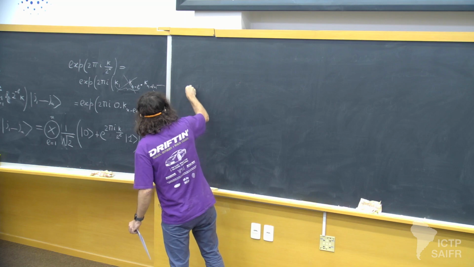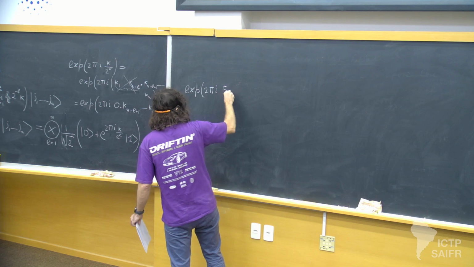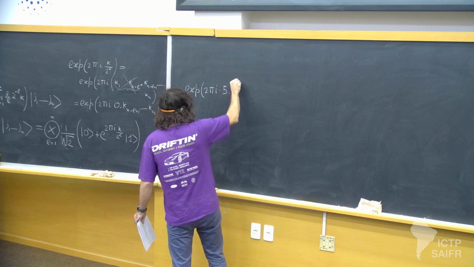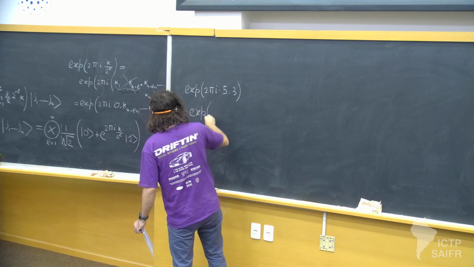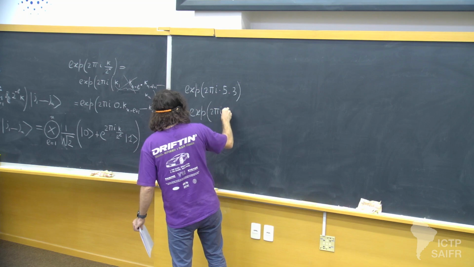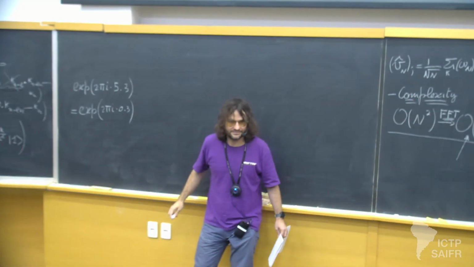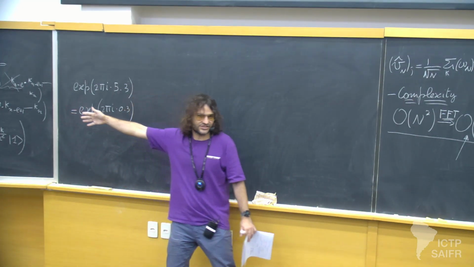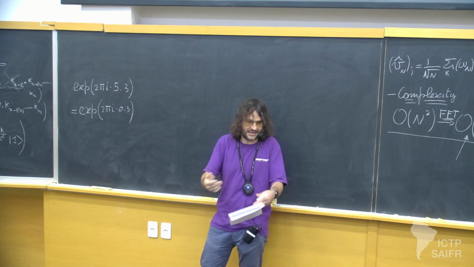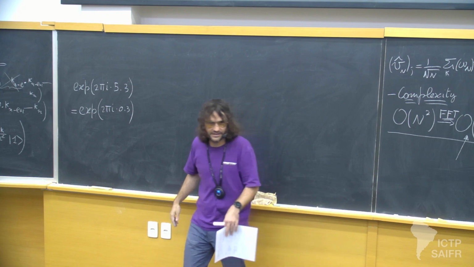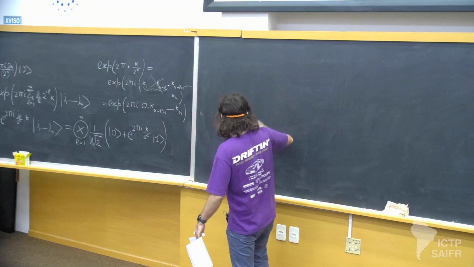If you want to compute exp 2 pi i times 5.3, do you agree that this is exactly the same as exp 2 pi i times 0.3? It's exactly that, just in base 2. Everything that is an integer multiplied by 2 pi gives a full turn, and so is 1.